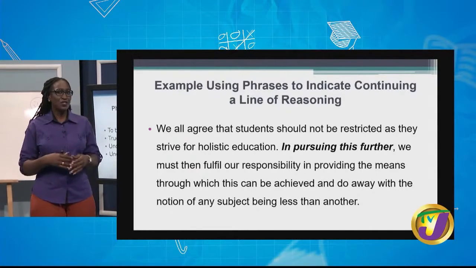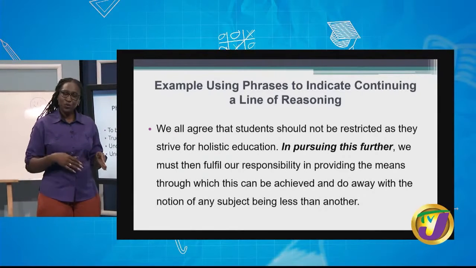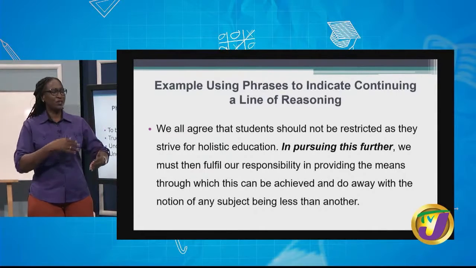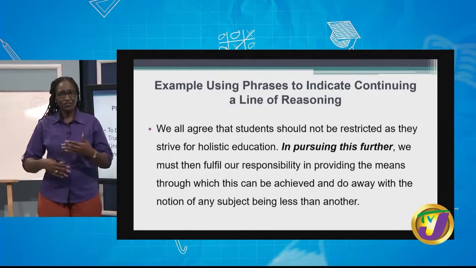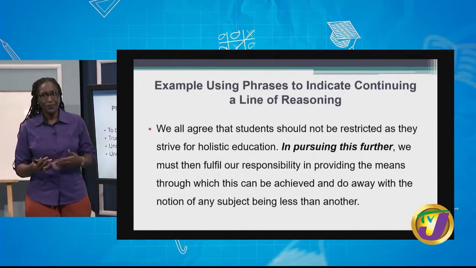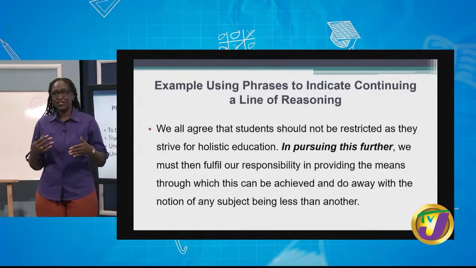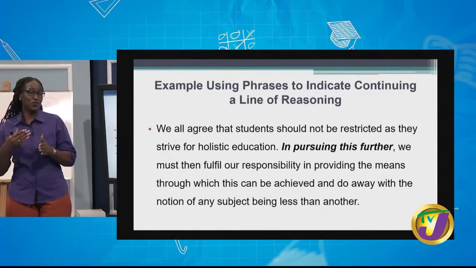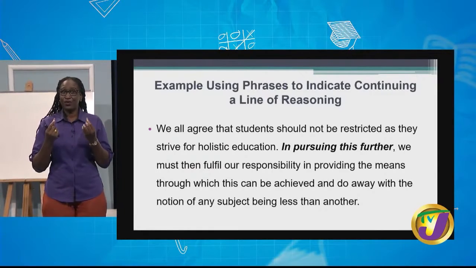Remember, the idea is that you are continuing an idea that you already started. So you would use this in the paragraph after you have already introduced a point and you're now adding more to it, you're developing the point further. So using this, you're just basically saying that you want to ensure that you continue the idea you've already started. So you are continuing a line of reasoning.